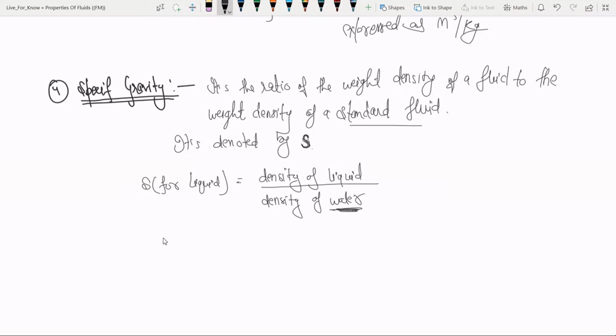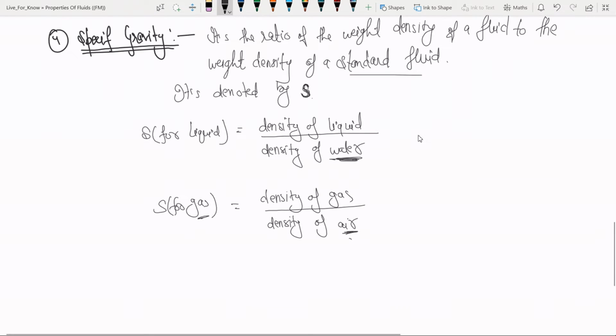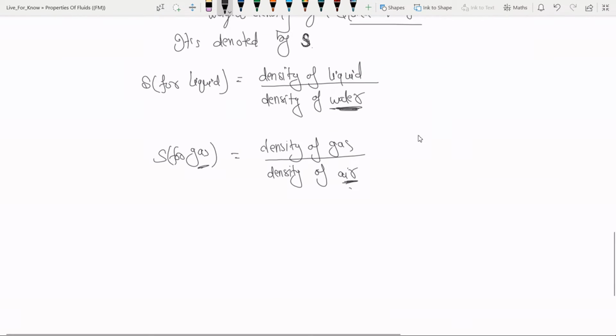And S for gas is density of gas divided by density of air. So for every gas, air is the standard fluid. Remember it every time.